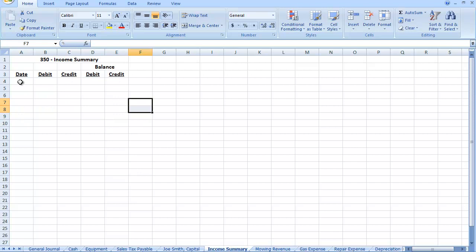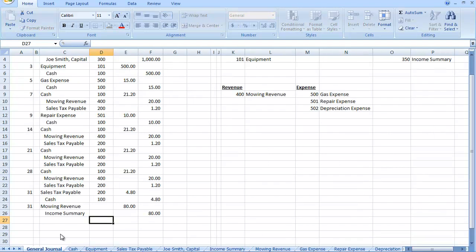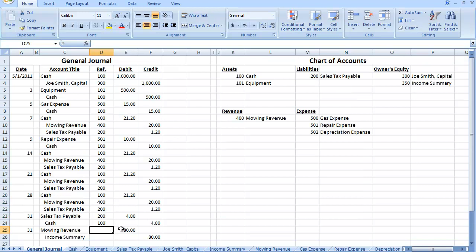And in the income summary on May 31st, 2011, we credited income summary for $80, and our balance is now $80. Go back to general journal, and our mowing revenue is account 400, and income summary is 350.